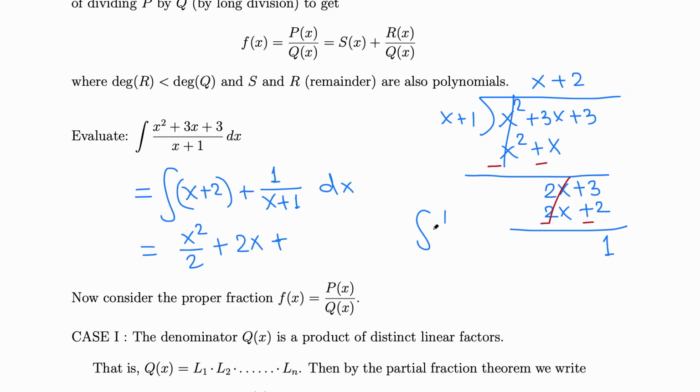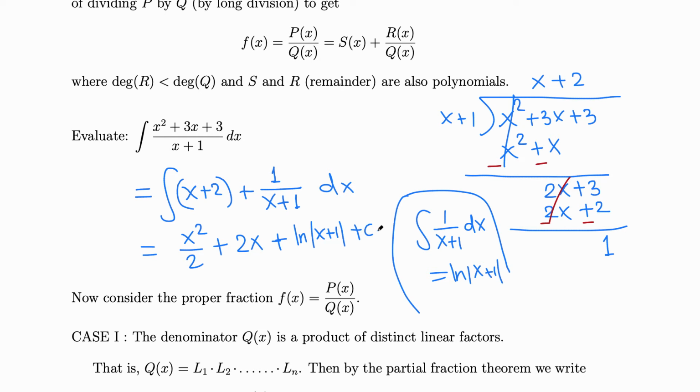So we know that 1 over x plus 1, since the top is the derivative of the bottom, is simply ln of x plus 1. Okay, ln of absolute value of x plus 1, plus c.